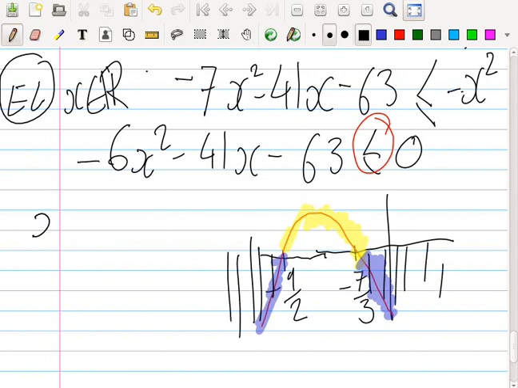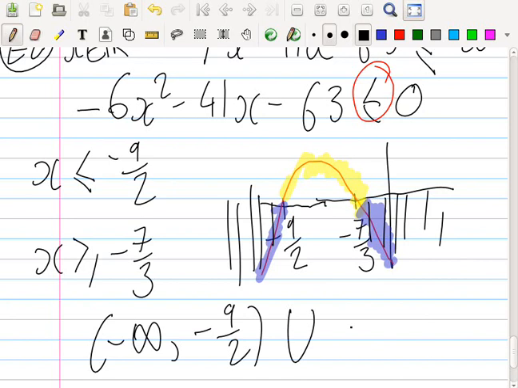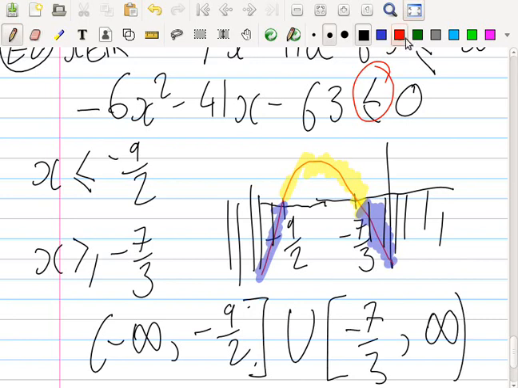So again, I want x to be less than or equal to -9/2 and x to be greater than or equal to -7/3. Putting those two answers together, -infinity to -9/2 and, sorry, close, and -7/3 to infinity. So here, let me color it again.